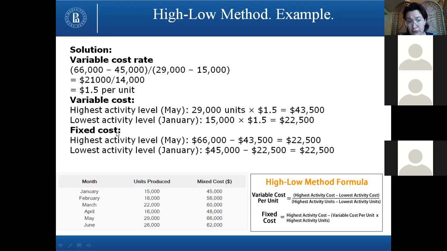As for fixed cost, we can use the formula. You can see this formula at the bottom of my screen. Our task is to identify the difference between the highest activity cost and the expression variable cost per unit multiplied by the highest activity units.